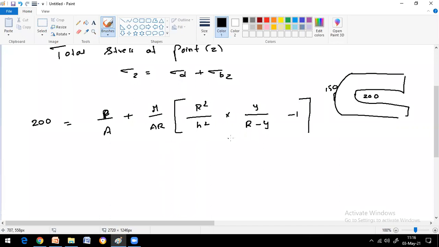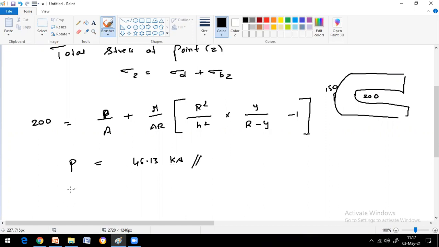So this is the bending stress formula, right? Substitute all the values here. You know M, you know r, you know y, and calculate P. So P is equal to 46.13 kilonewton. Now see what is the load which is to be considered as a safe load.